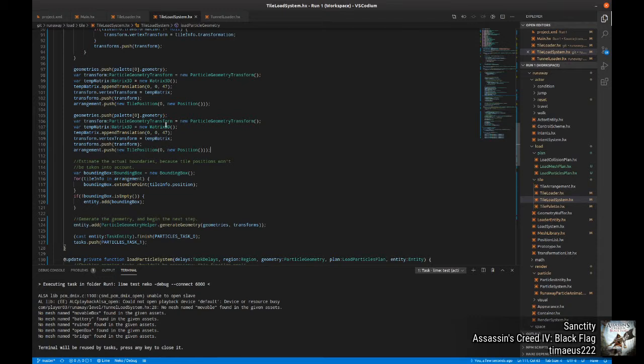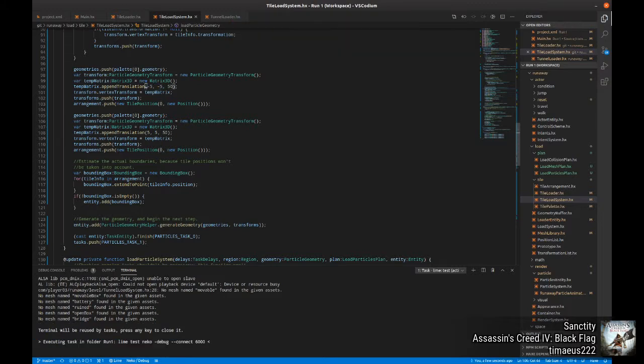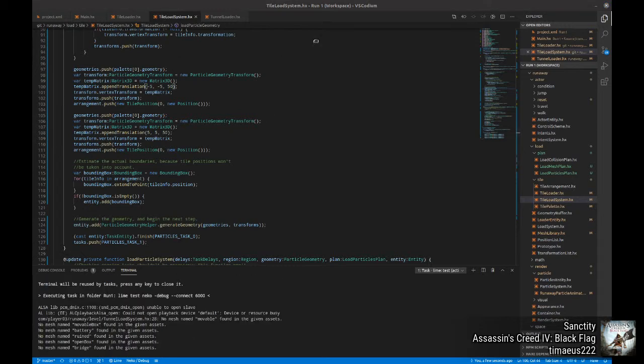We're just going to copy-paste this. It's ugly, but whatever. Move them past the end. And we're going to do some different coordinates, we're going to push them out to the sides as well.